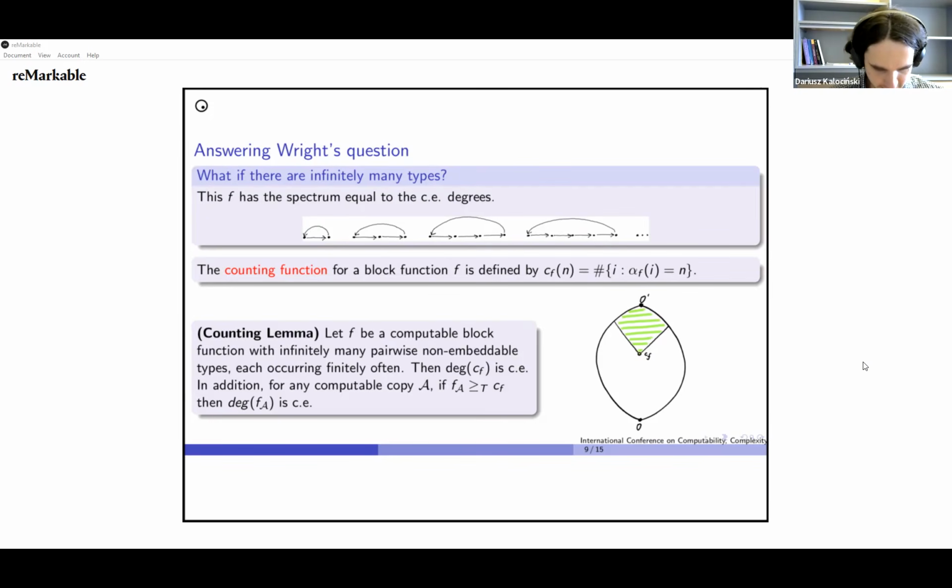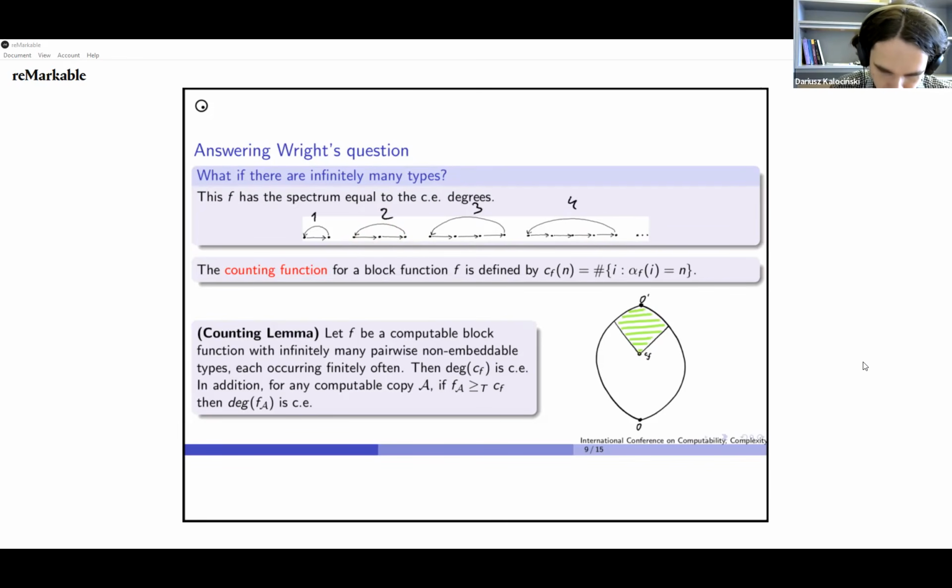What was helpful was looking at what we call a counting function. Let's number these types. The counting function says how many times each isomorphism type of block appears in the representation of the function.